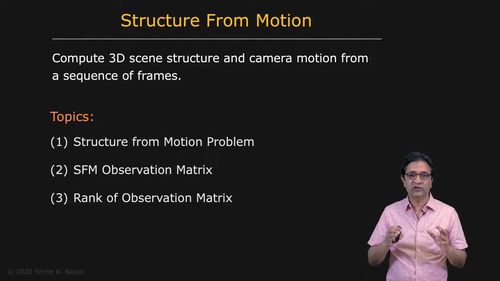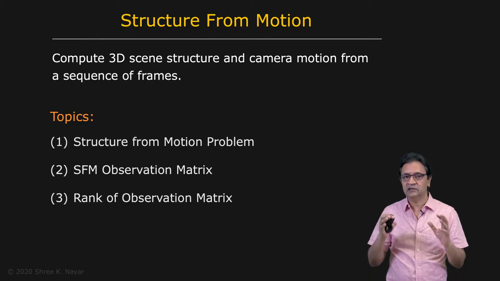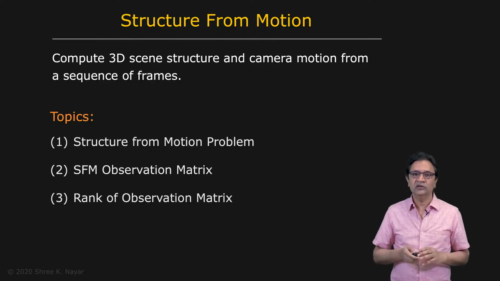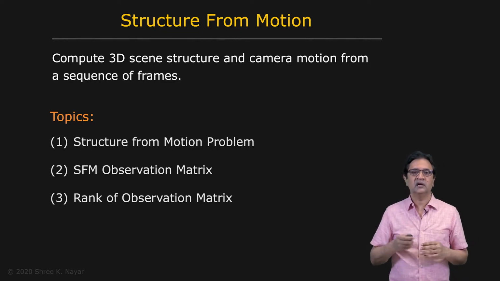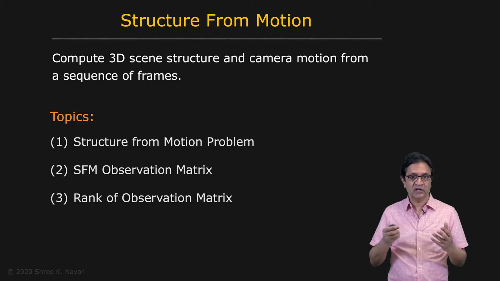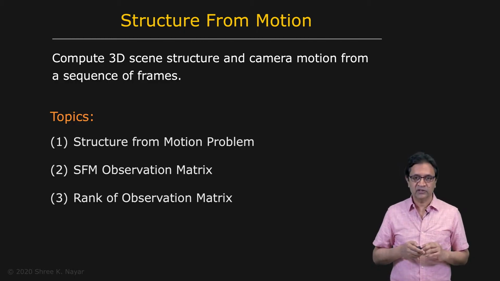It turns out to be a very low rank. That allows us to construct a rank constraint, which we can then use to decompose the observation matrix into two matrices. One is the structure matrix, and the other is the motion matrix, which tells you how the camera moved during the capture of the video itself.